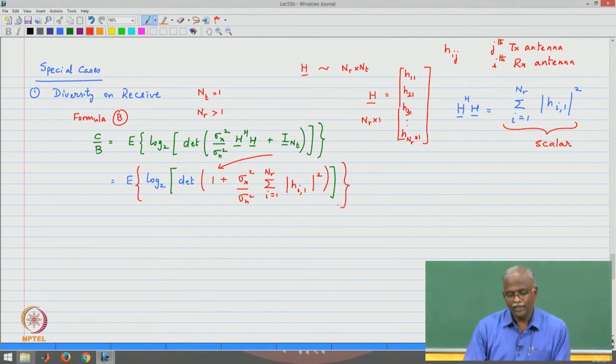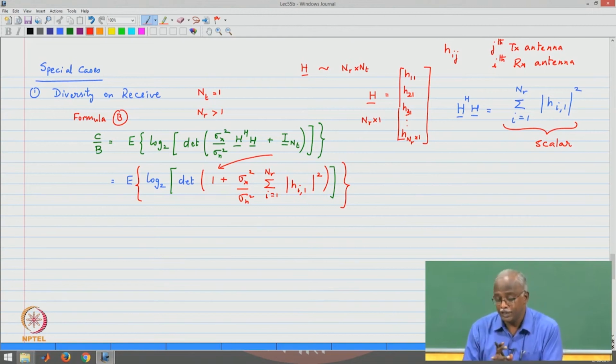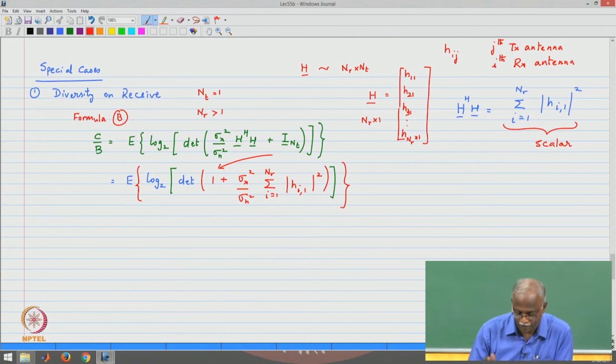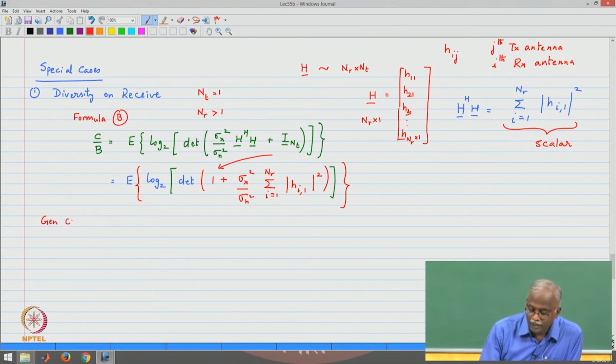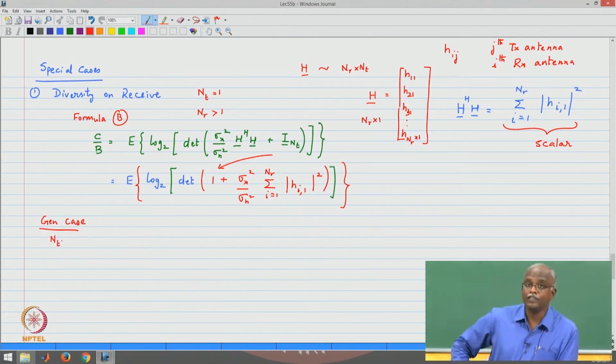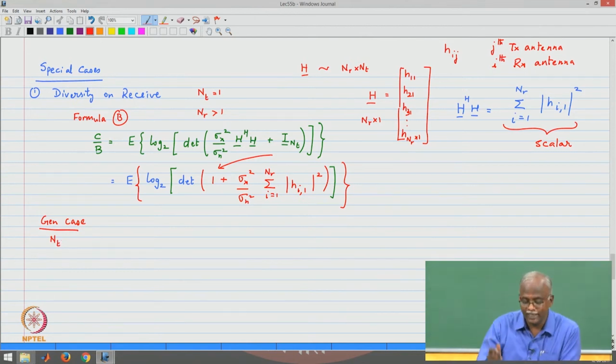Okay. So, this is the expression that we have. Now, I would like you to pay very careful attention to the following aspect of the discussion. In the general case, the number of transmit antennas is NT, and the variance of the signal transmitted in each of the antennas is sigma x squared.